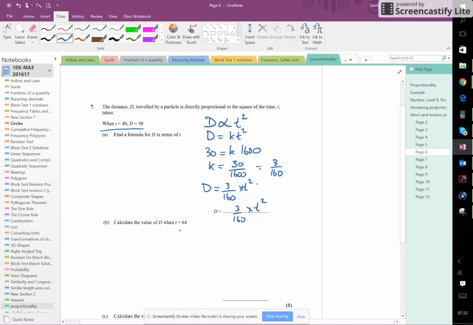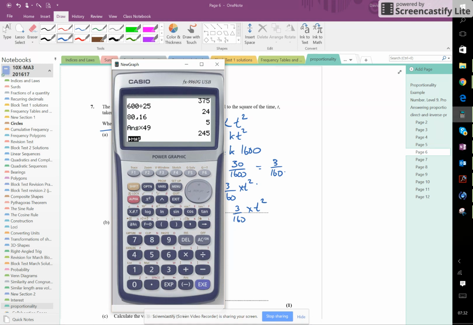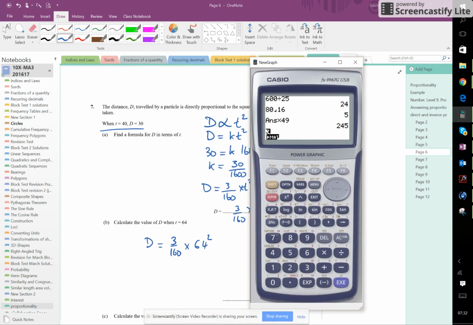Calculate the value of d when t equals 64. So we've got d equals 3 over 160 times the value of t squared when t is 64, so 64 squared. And then on the calculator, we've got 3 over 160 times 64 squared.